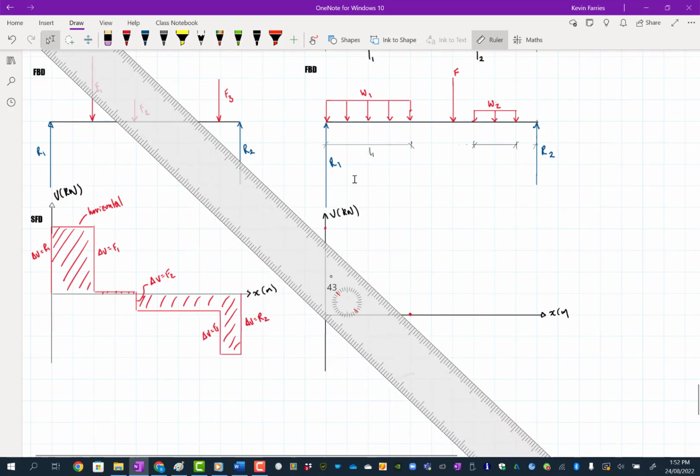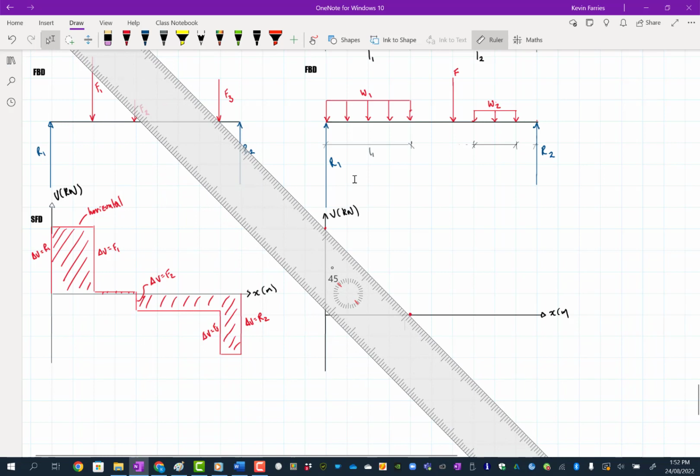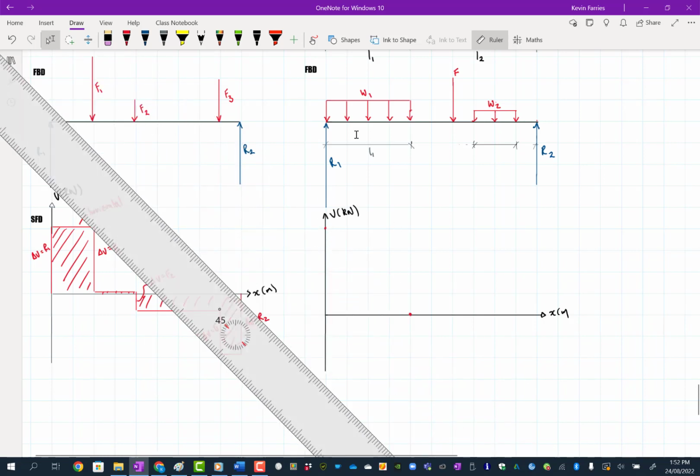And then you can just say, look, it's a diagonal line. So it's a straight line between those 2 points. A UDL, so uniformly distributed load, will always give you a straight line for the shear. Another way to think about it is, suppose this was kilonewtons and this was 1 kilonewton per meter. For every meter you go along, it's going to drop by 1 kilonewton.